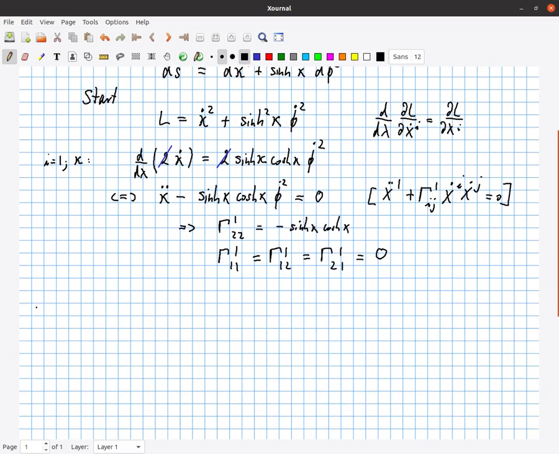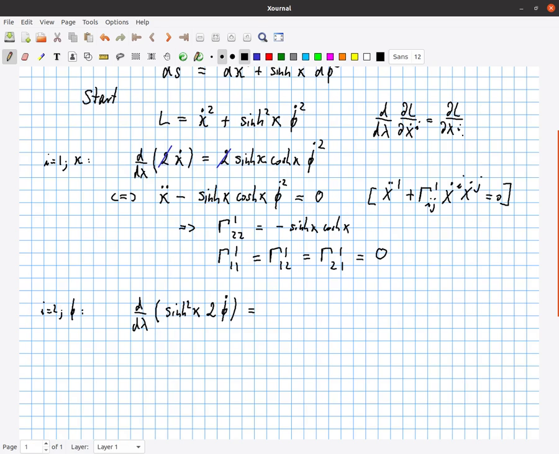Next, we look at the i equals 2 component, which means phi. d over d lambda of dL over d phi dot gives us sine hyperbolic squared kappa, which we don't touch, and then 2 phi dot.